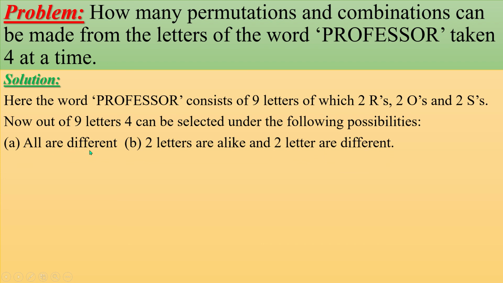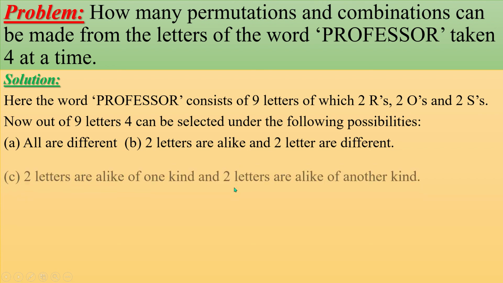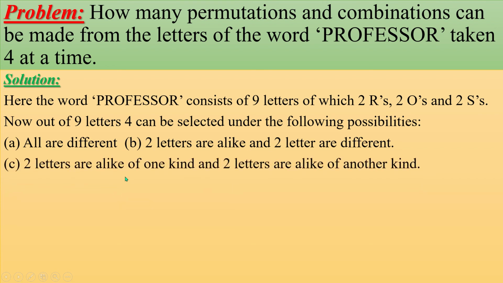A: all are different, when we consider 2R, 2O and 2S as 1. B: 2 letters are alike and 2 letters are different. C: 2 letters are alike of one kind and 2 letters are alike of another kind.